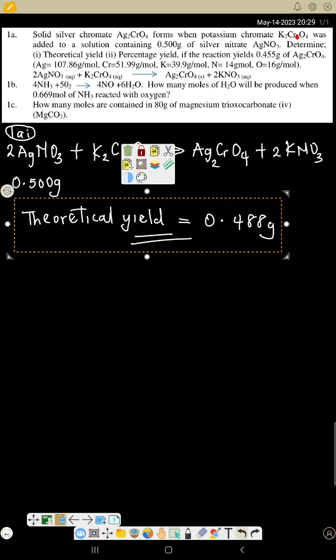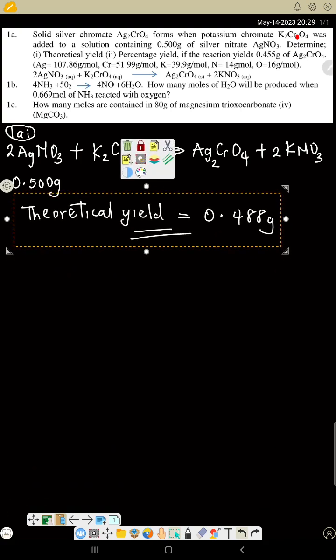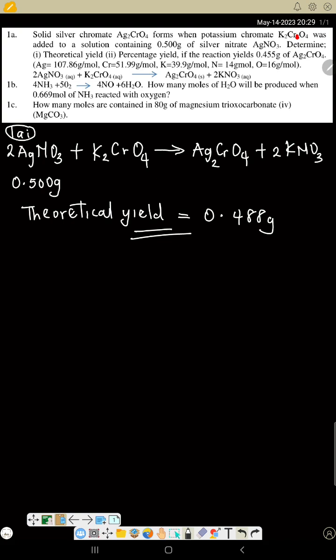We already know the theoretical yield is this. Now the actual yield is given. The actual yield is 0.455 gram.